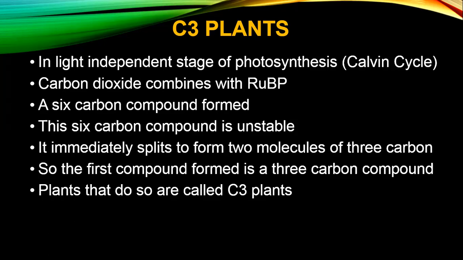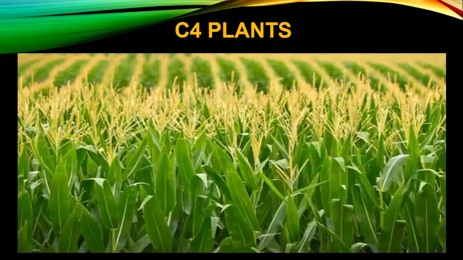Those plants where the very first compound formed is the 3 carbon compound are called C3 plants, like rice. I hope it is now clear what is meant by C3, and you can guess what a C4 plant is.